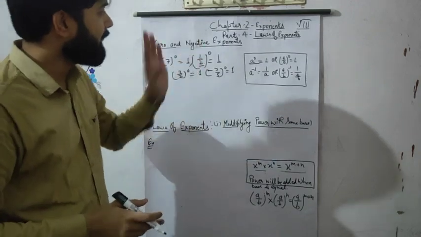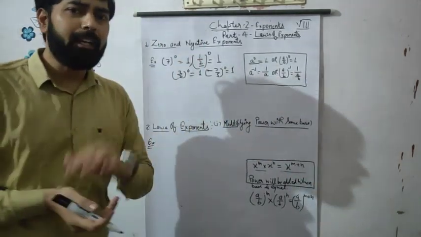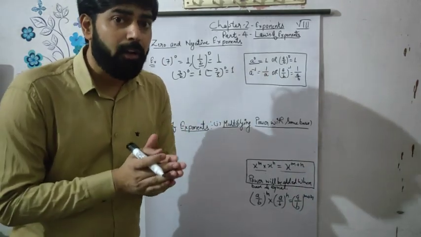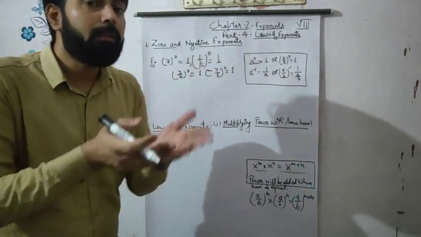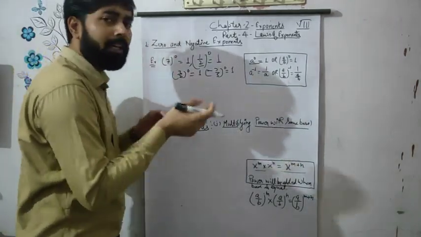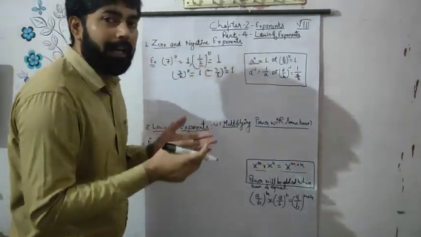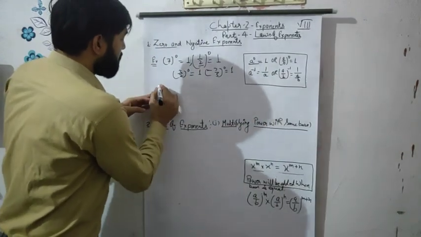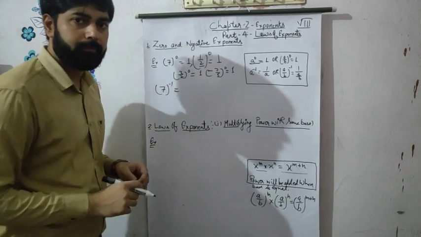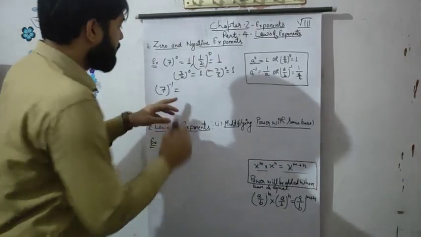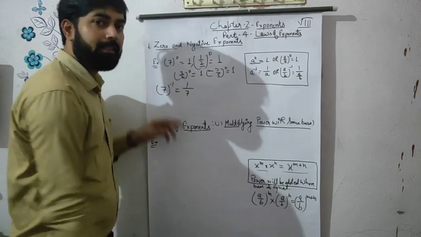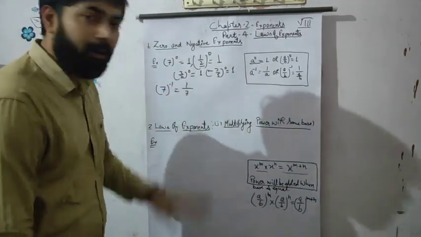Now next, negative exponent: if any rational number is raised to the power minus 1, what will be the value? Like here, 7 to the power minus 1, then we can write it in this form, 1 upon 7.